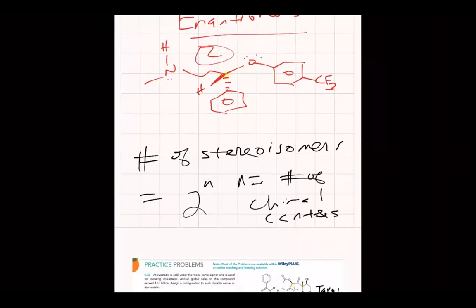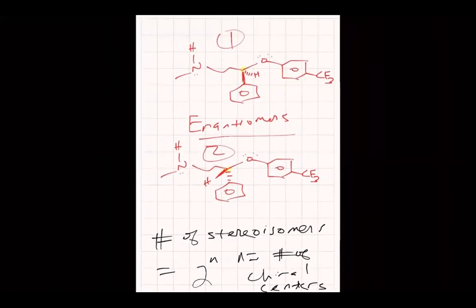Any questions about that? We're going to do this more, but this was a good place to introduce it. So we've got one stereo center, so 2 stereoisomers, and they happen to be mirror images of one another.